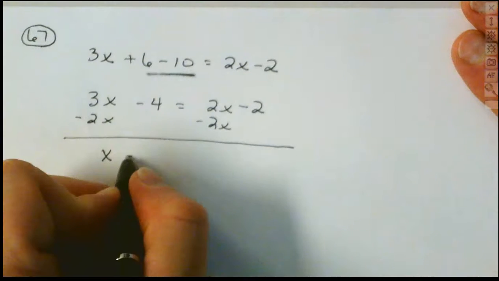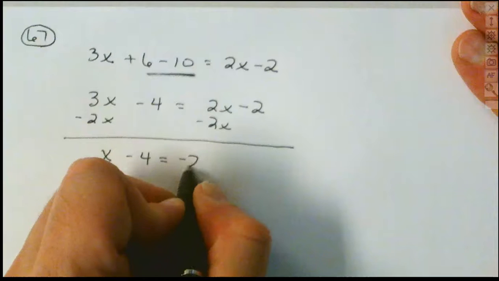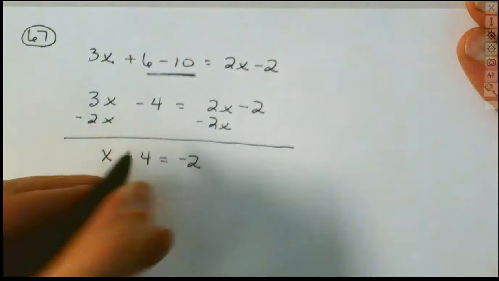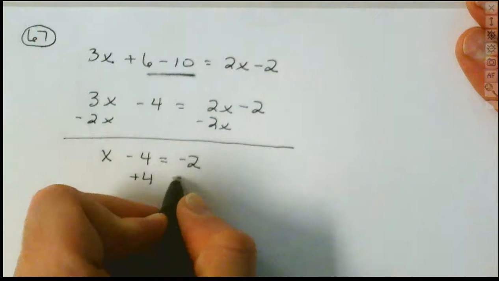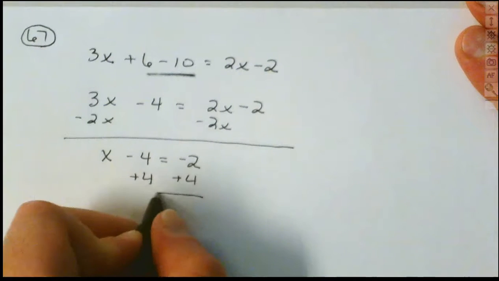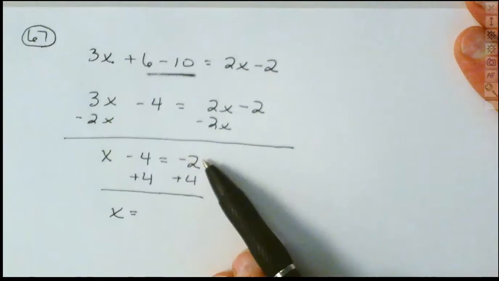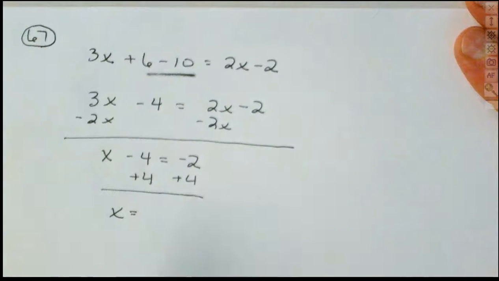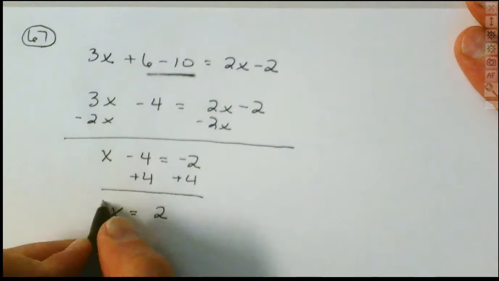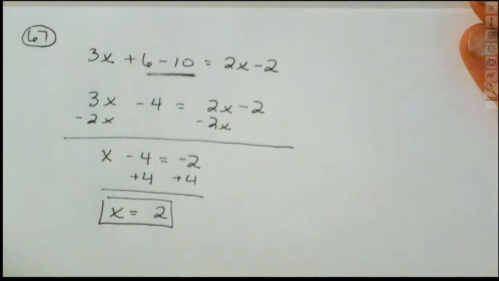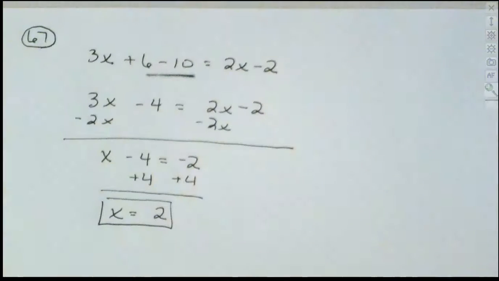And that's x minus 4 equals now negative 2. And we need to add that 4 over to get rid of it. Always use opposites. And that now leaves you with, watch your signs here, minus 2 plus 4. That leaves you with a positive 2. So your answer on that one would be a positive 2.